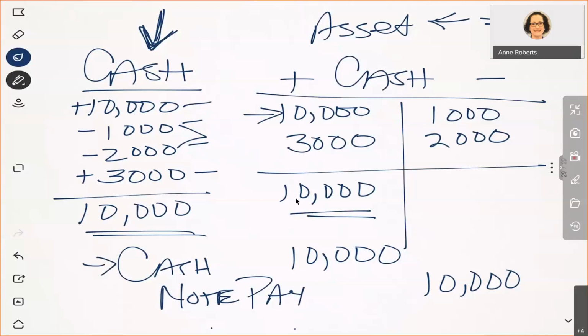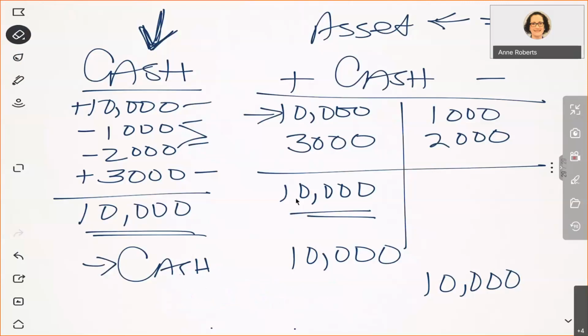The trick is that you know this journal entry has to balance. So even if your brain goes blank on you on that journal entry, make sure you've got cash, make sure you've got that debit, and make sure you go ahead and plug the credit in.